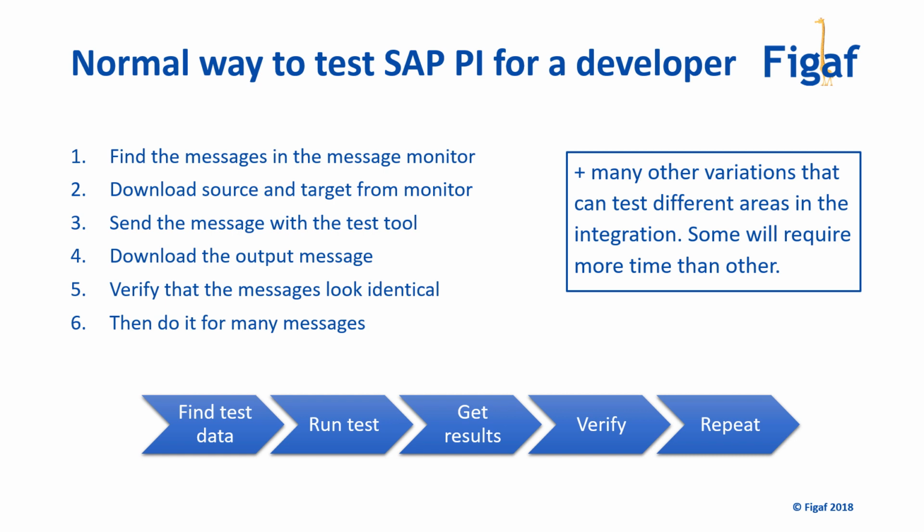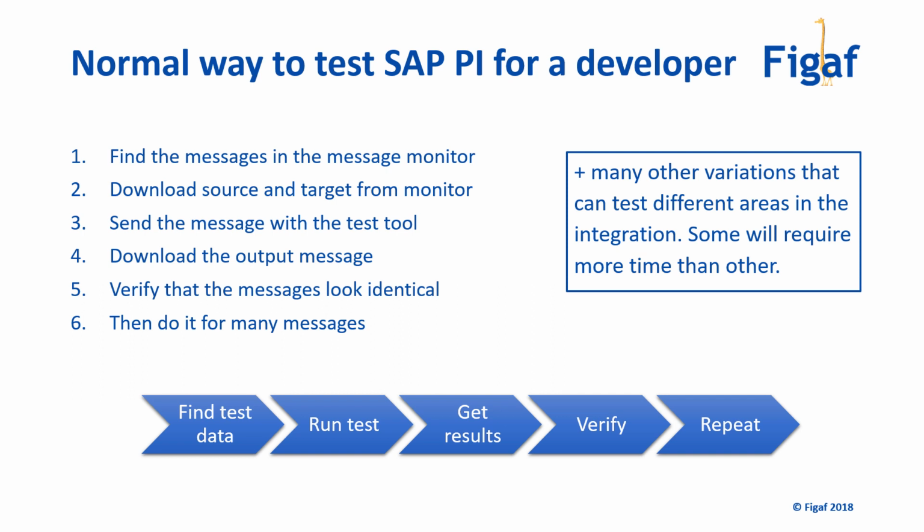So the normal way that an SAP PI developer would test is, in a scenario where you have a bug you want to fix, you log on to the productive system, find the same ICO, and find messages that have been saved in the process. He would then download the source and the target from the monitoring tool.